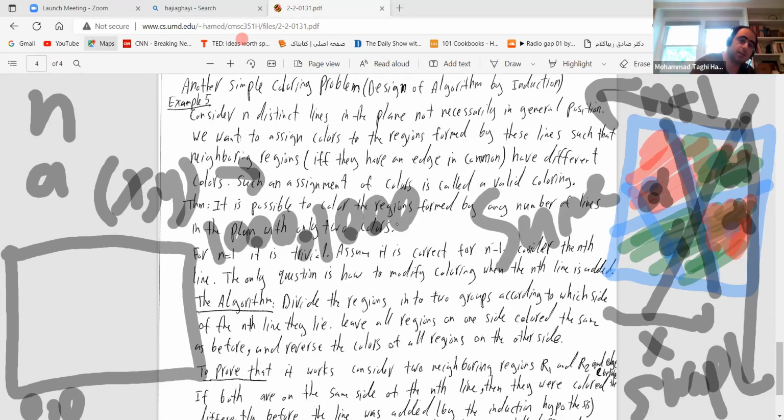The other way would be something like this. You say M, the number of regions that you have. For each region, you say the points: how many points in this region, for example 5.